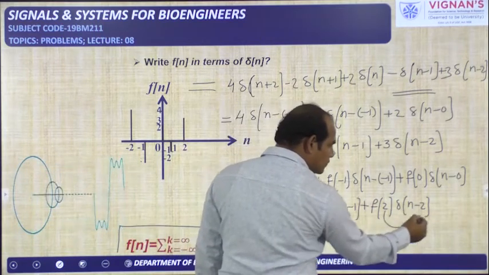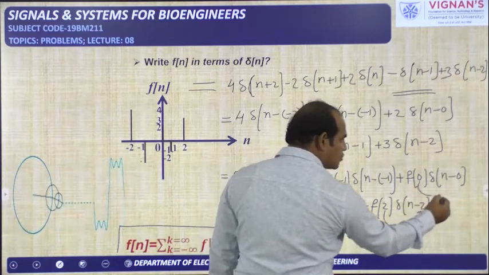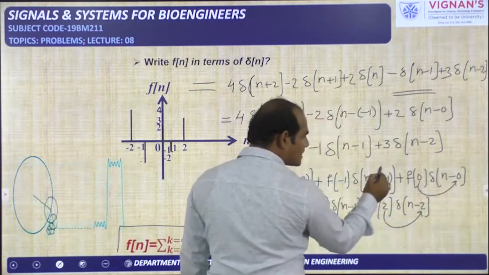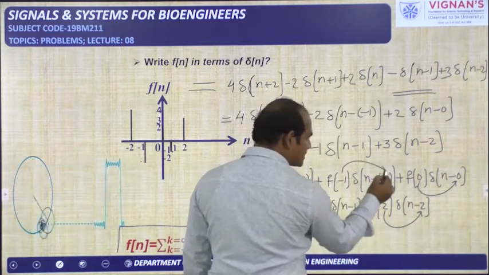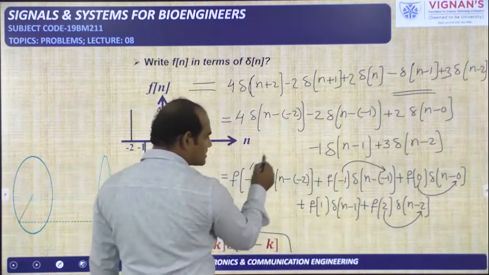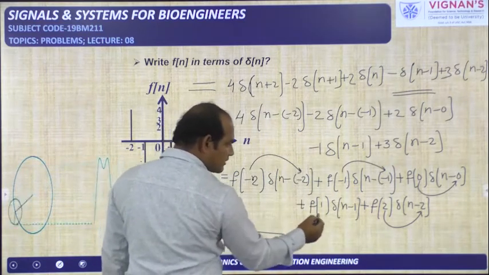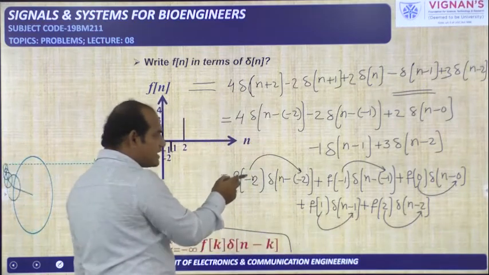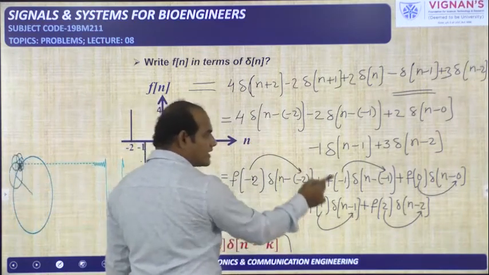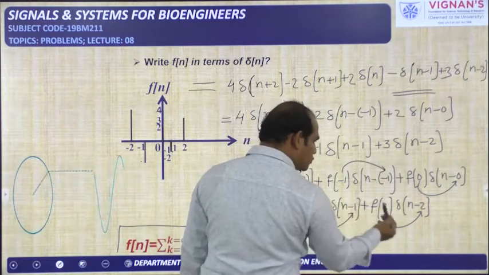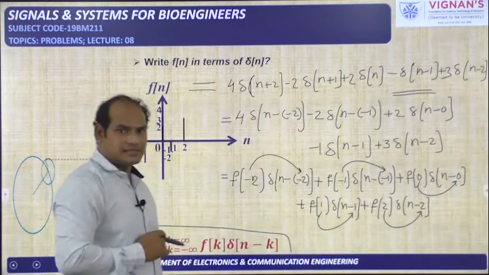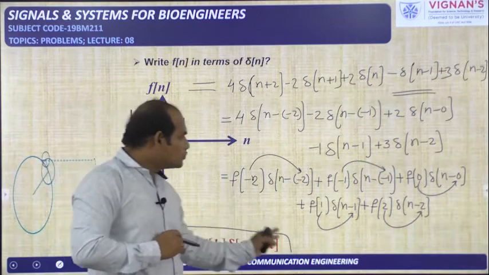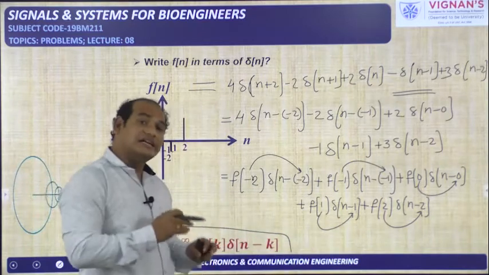So here 2 means here also 2, here 0 means here also 0, here minus 1 means here also minus 1, here minus 2 means here also minus 2, here 1 means here also 1. That means it is changing continuously from minus 2 to plus 2, so that is a variable.